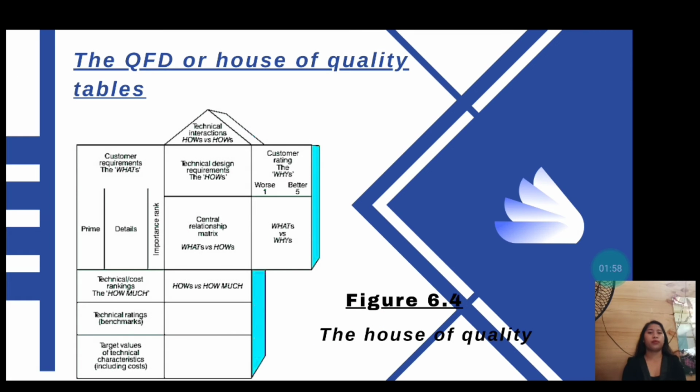Next is this. So the QFD or House of Quality tables, this figure 6.4 just shows the essential components of the quality table or HOQ diagrams.